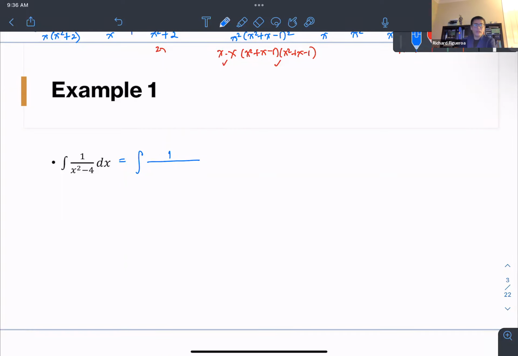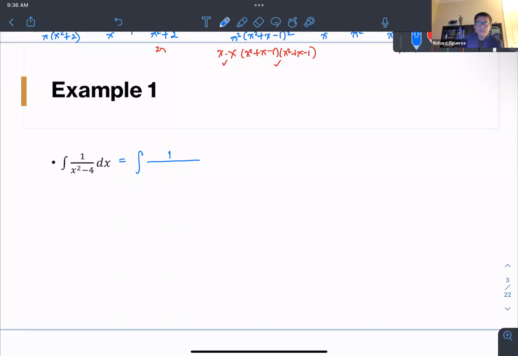If we cannot factor that out, this will be case 3, a quadratic non-repeating.